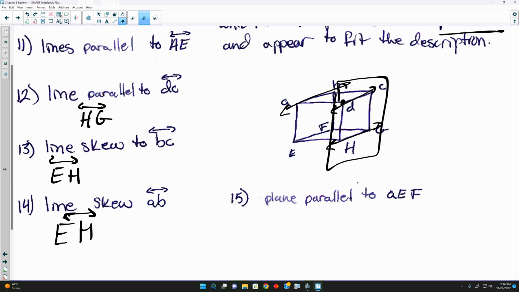For HG, because that is the whole plane. So since it's a part of this box, HG and DC are contained in that same plane. So parallel is similar to skew in that they don't intersect, but skew has to be not contained in the same plane.